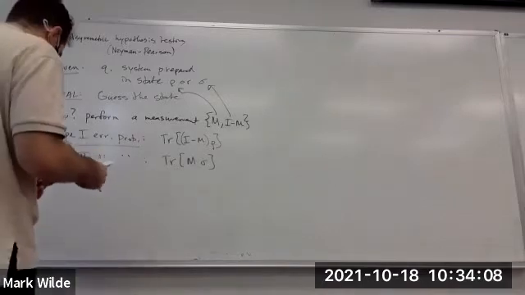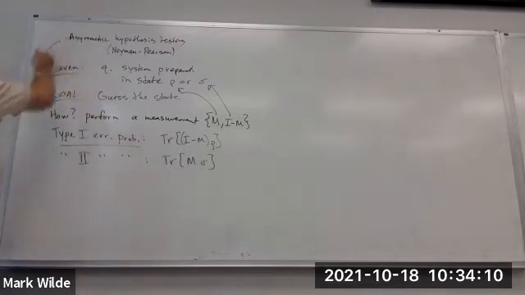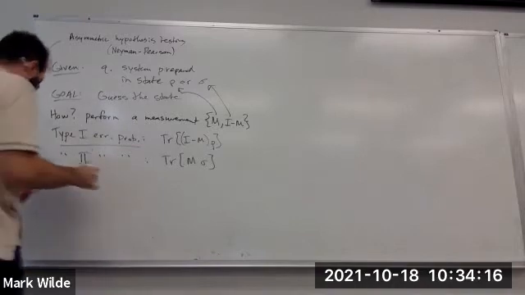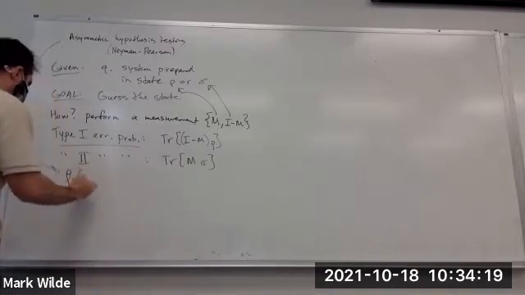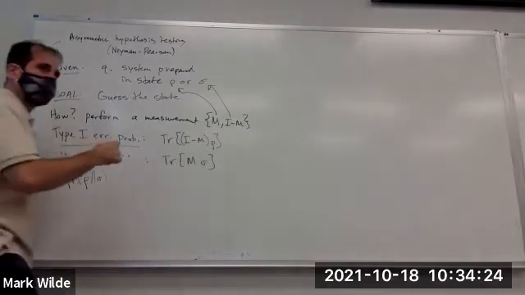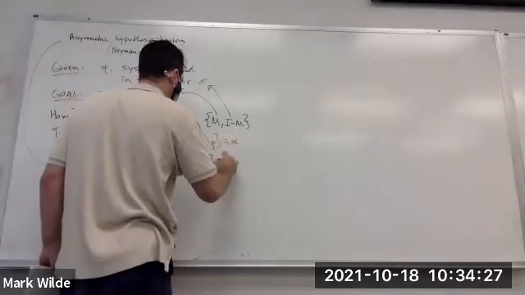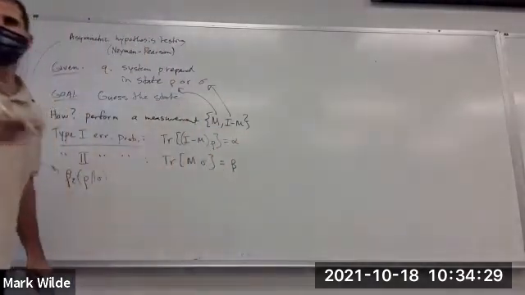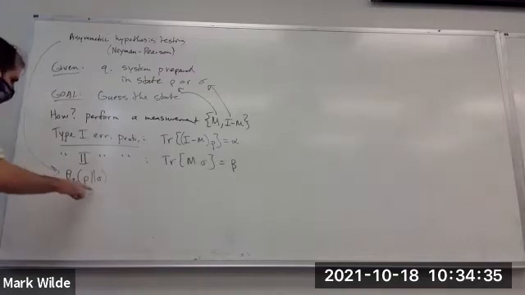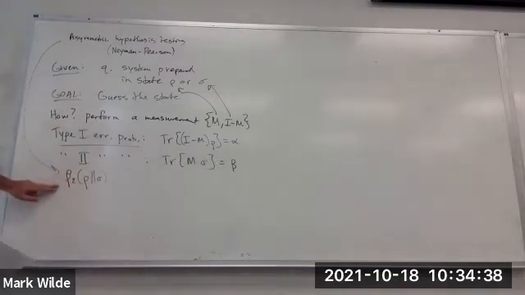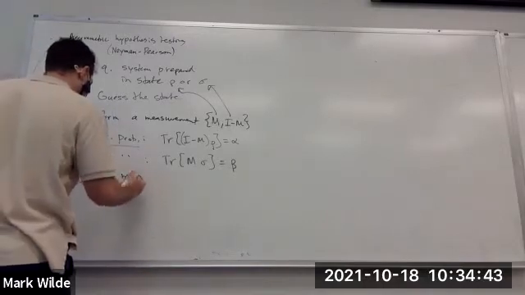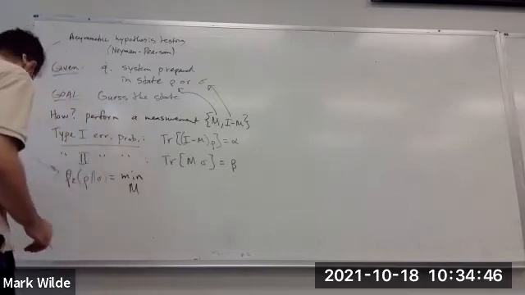So in the setting of asymmetric hypothesis testing, we're interested in this kind of quantity. Often in the statistics literature, these are called alpha and beta, type 1 and type 2. Then you can define this operational quantity, which is what we discussed. You place a constraint on the type 1 error probability.